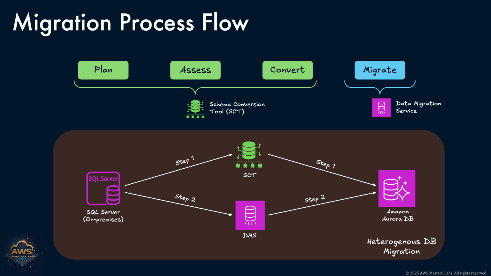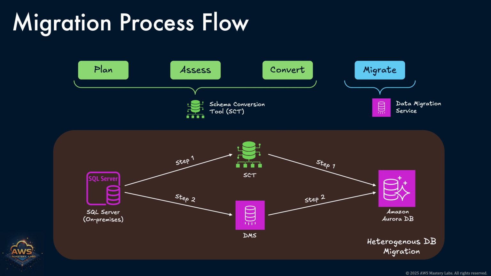This report flags which objects are compatible and which need manual adjustments. SCT then proceeds to convert the schema, including tables, views, stored procedures, and functions from SQL Server's T-SQL dialect to PostgreSQL-compatible syntax. It also identifies embedded SQL inside applications and helps convert that code too.